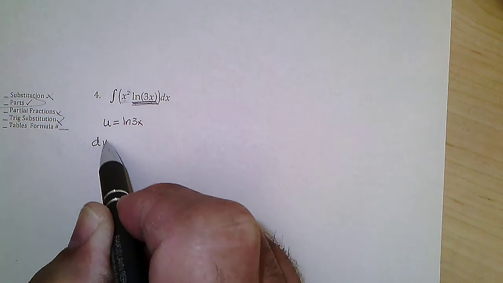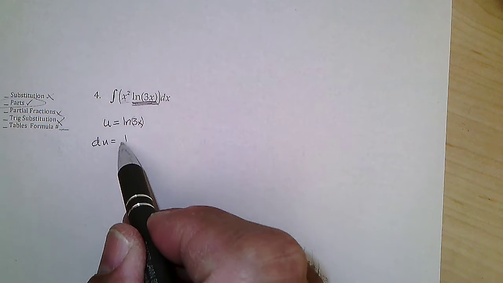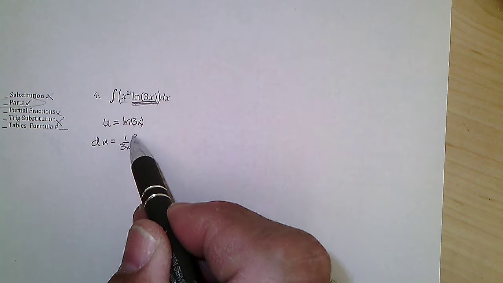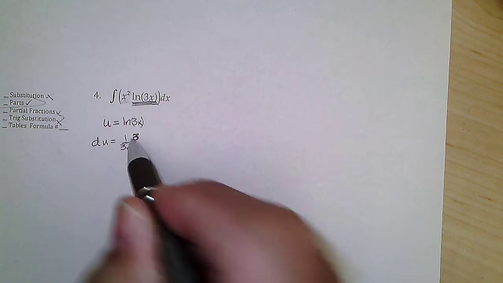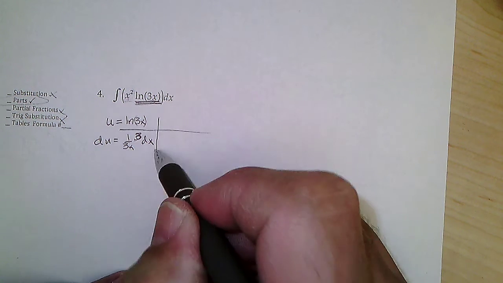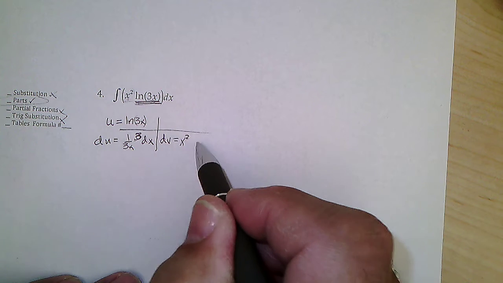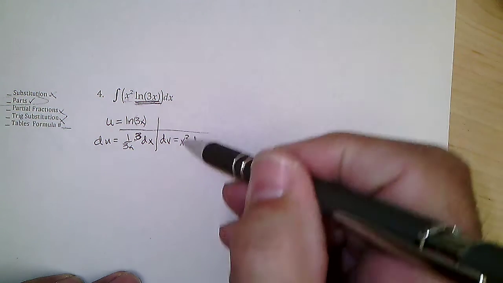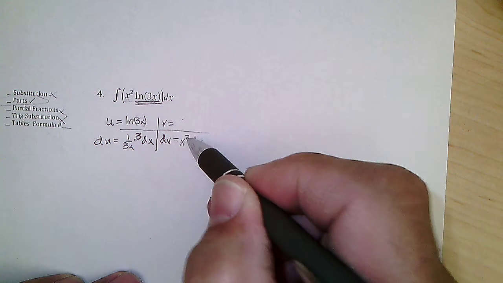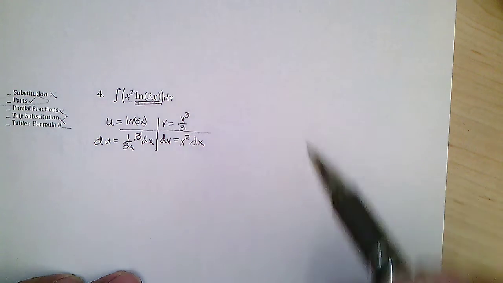So that du would be, the derivative of ln is 1 over the quantity times the derivative of the inside, which many of you who did this with by parts forgot to put the 3, dx, the chain rule. And what's left, for the dv, is x squared dx. So we integrate it, not take the derivative, and so v would be integrating x squared. The antiderivative would be x to the third over 3.